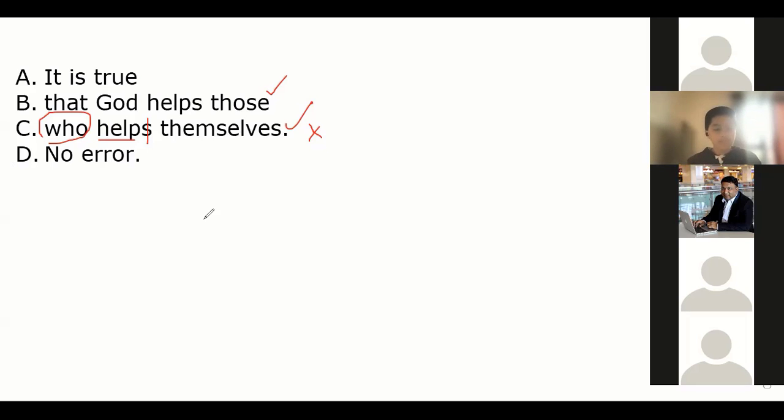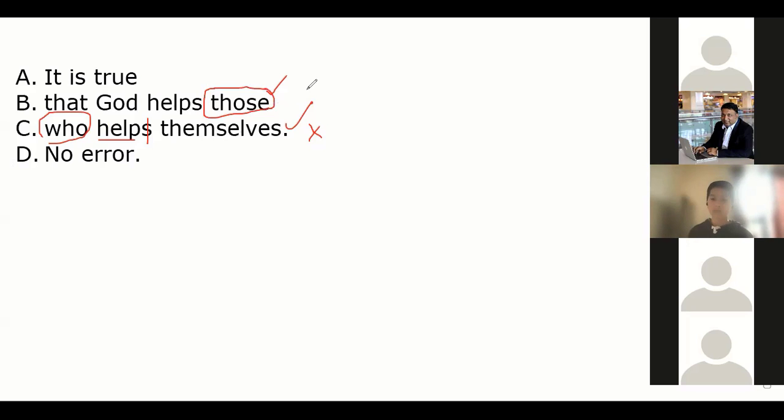Those is the plural. The main point is, yes, themselves is also coming, but this is what we are using as a subject. Sunitaji, do you want to explain in full? The problem is helps. It has to be help. Do you want to give a full view about what and why?